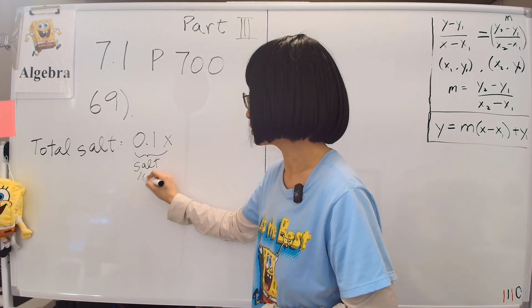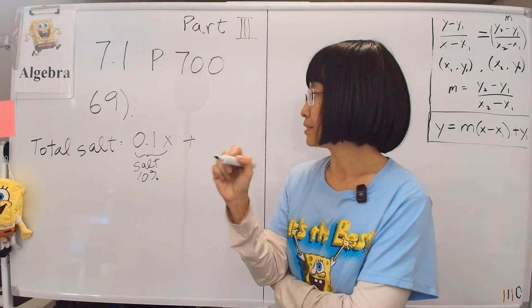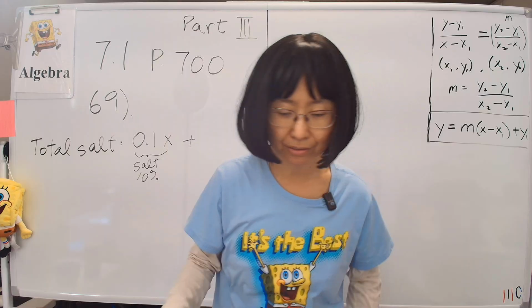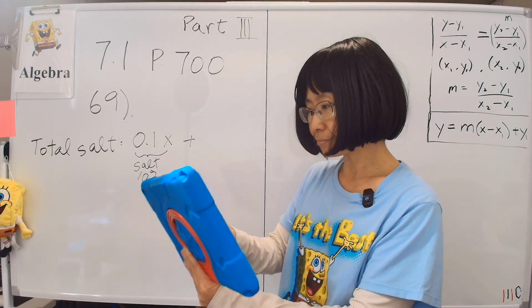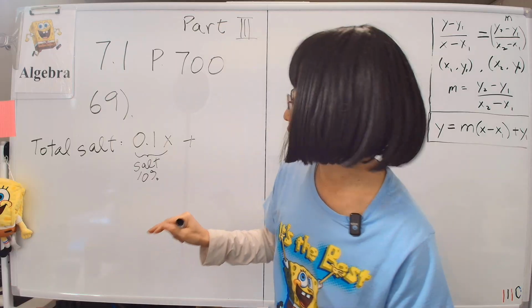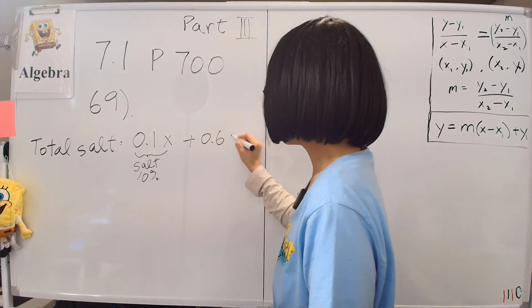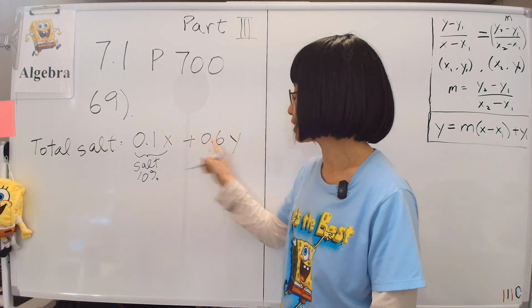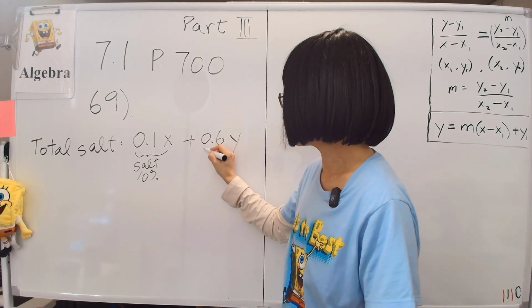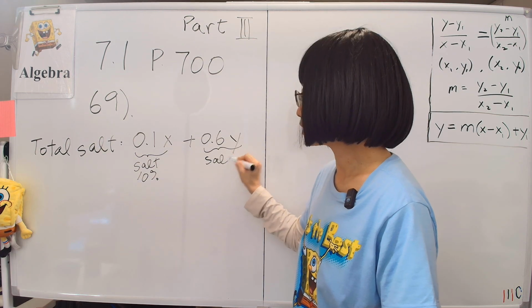From the 10%. And then the next solution he used is a 60% saline solution. So the next one he used is 0.6 times however many gallons. We don't know how many gallons, but X and Y are the gallons. When you take 0.6 multiplied by the gallons, that's the amount of salt in it.